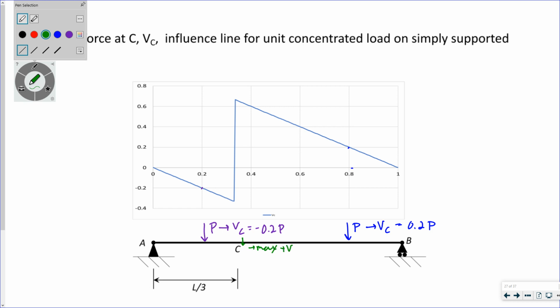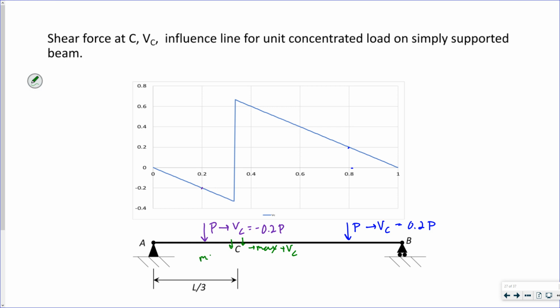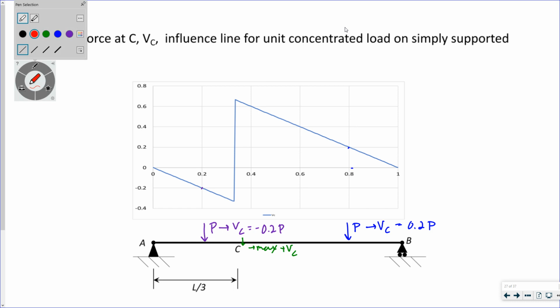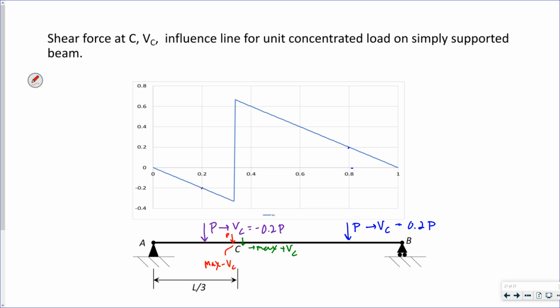Maximum positive shear at C. If I put it just to the left, maximum negative shear at C. I should have made that a different color.